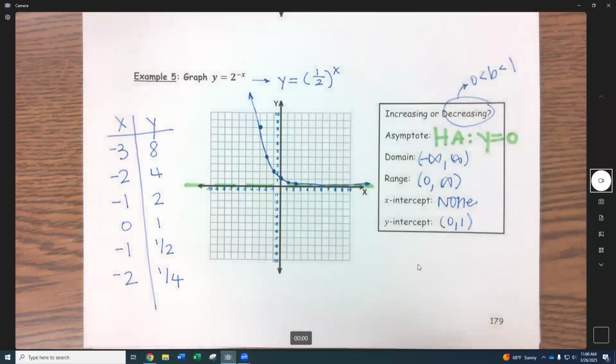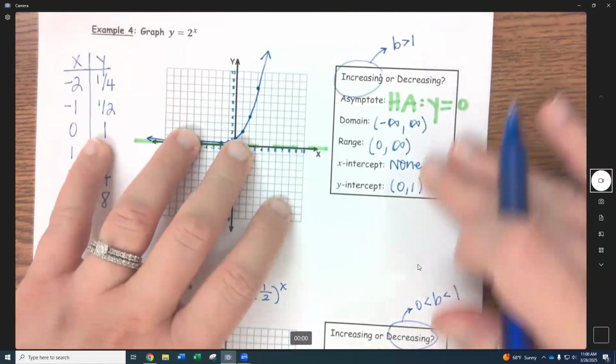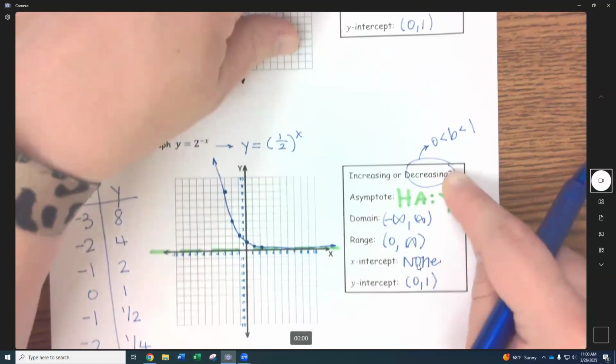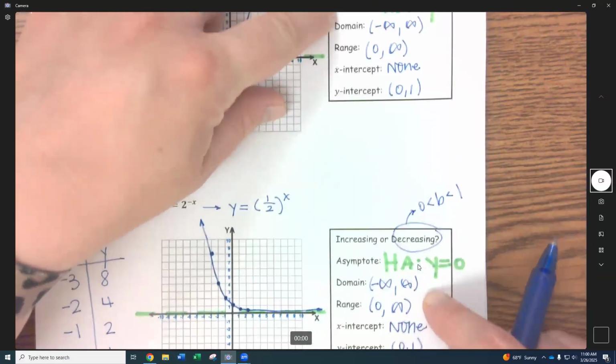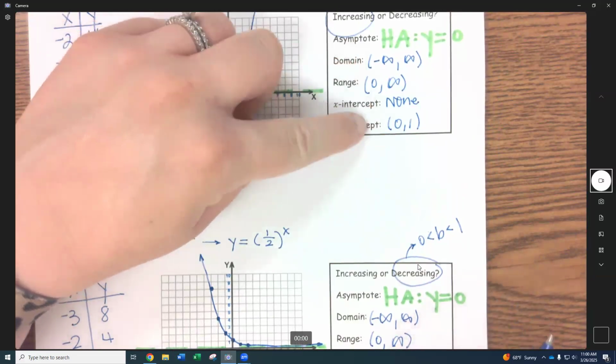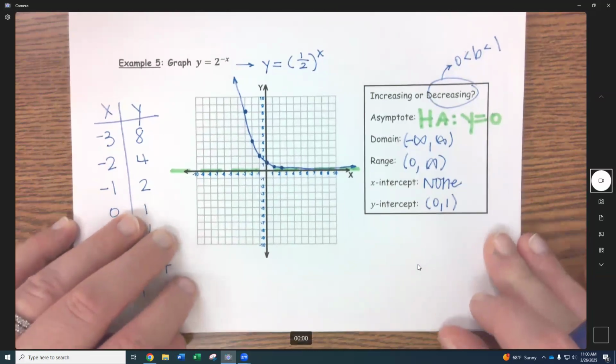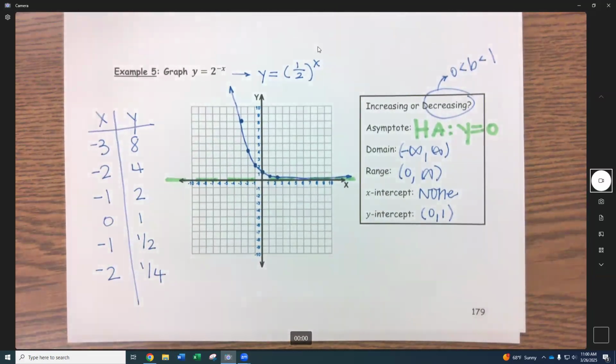It will always be decreasing. Now, what I always think is kind of interesting is that these have the exact same information except for the increasing versus decreasing, but they have the same asymptote, the same domain, the same range, same x and y intercept. So kind of crazy because they look completely different.